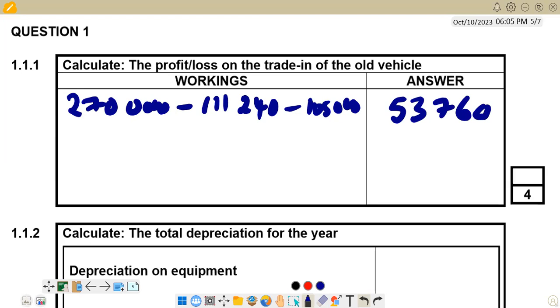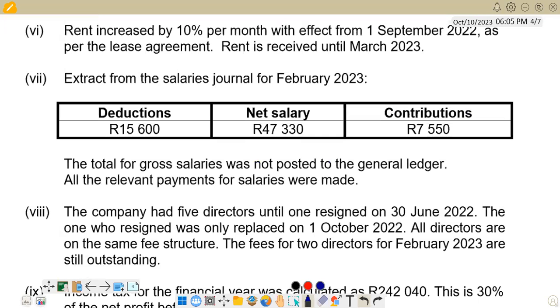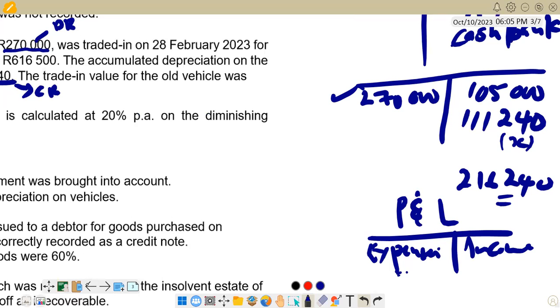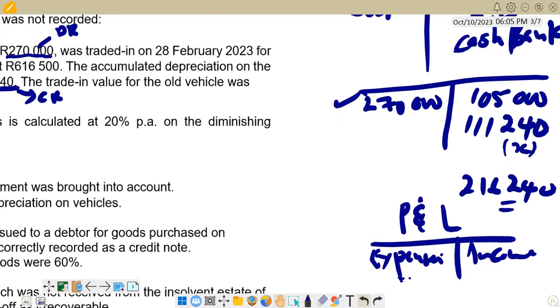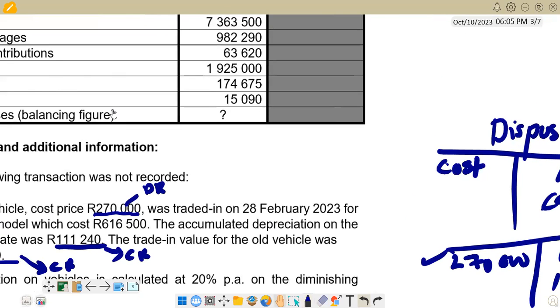Then the second part, we are here now. We want the total depreciation for the year. So we are going back again to find the total depreciation for the year. We go to the information that we have there in the question.